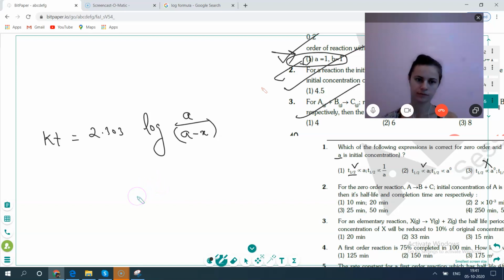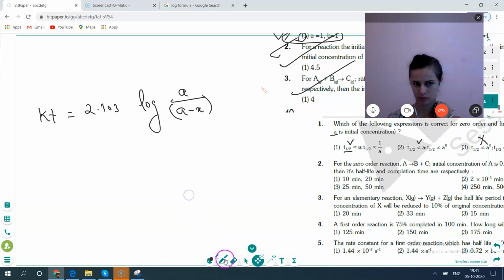Is it clear na? This is for the first order reaction. Please mind it. Half life means what? t half.